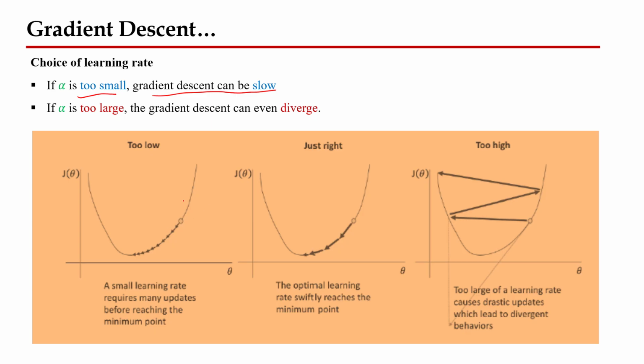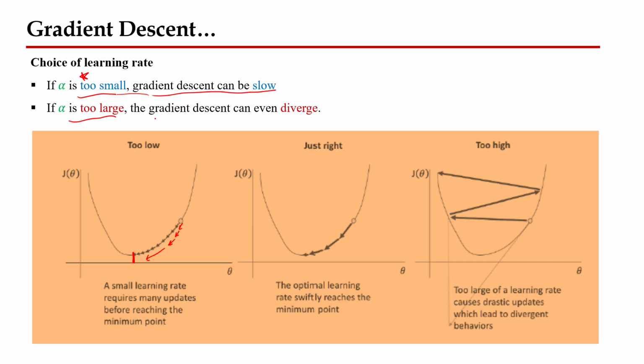These are small steps. So in order to minimize the mean square error, we are going to take much longer, or we have to do multiple iterations to reach the optimum point, the minimum point, if we pick a very small alpha.